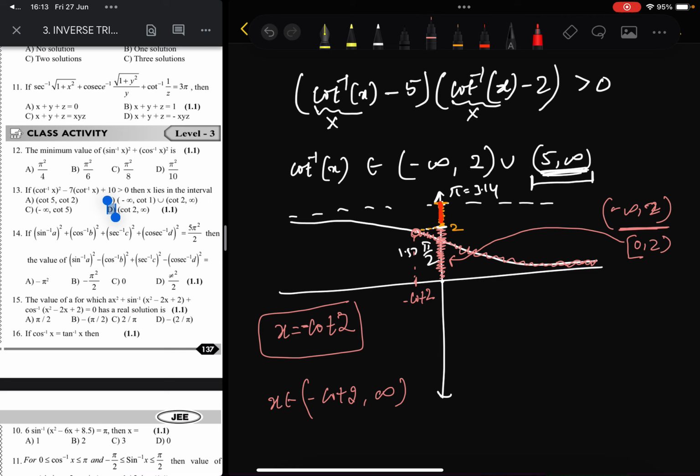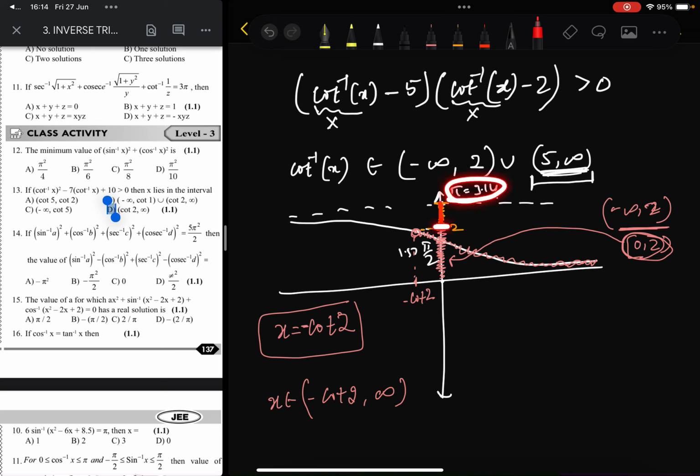Because for this value 2, this is the value of cot inverse, that means the value of cot inverse belongs to between minus infinity to 2. But cot inverse only gives values in the open interval 0 to pi. So where is 2? It will lie somewhere here.